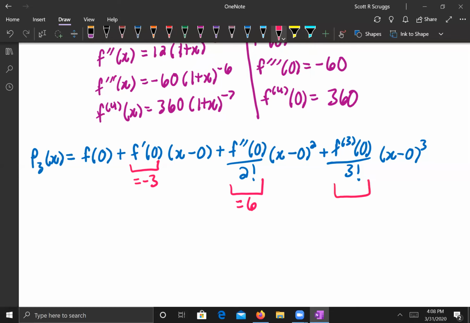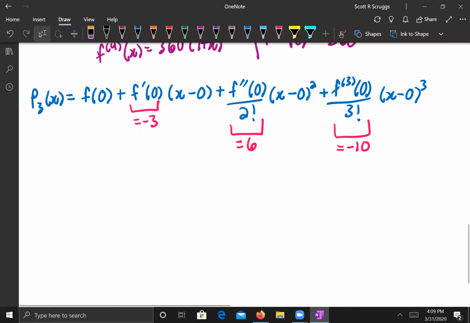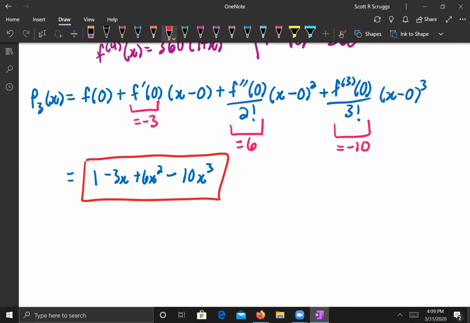And because the third derivative is -60 and 3 factorial is 6, I get -10, which now gives me that my third order Taylor polynomial will be 1 minus 3x plus 6x squared minus 10x cubed. I can't read. And boom, there we go.